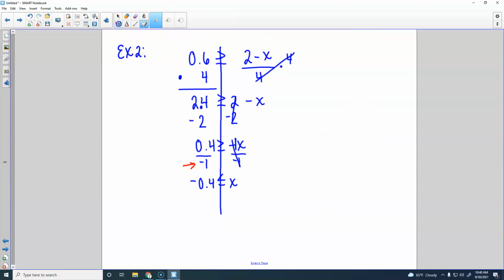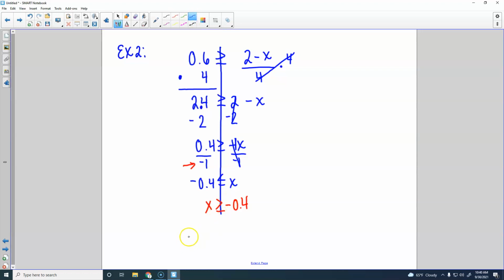Okay? Now, if I'm wanting to graph this, it'd really be easier to graph this if my x was over here on the left-hand side and my negative 0.4 was over here. So whenever I switch that back, what have I got to do with that sign? It's got to get flipped around too, because the alligator was eating the x, so it's got to turn around so that it still eats the x here.